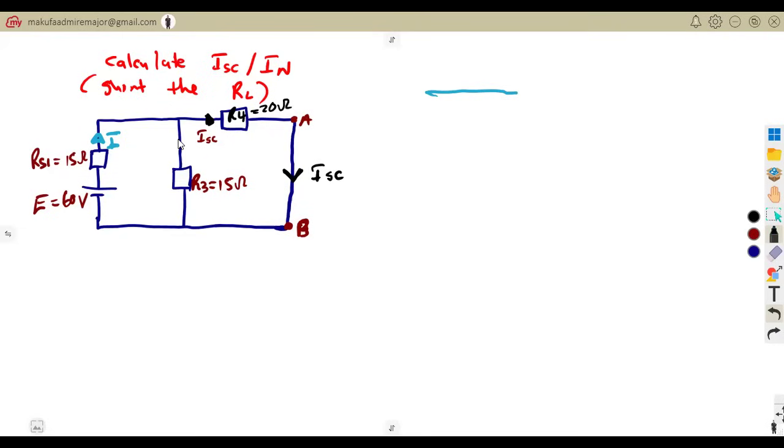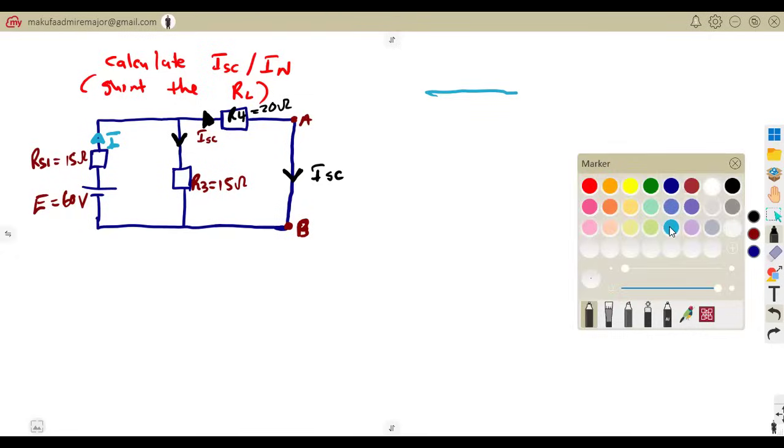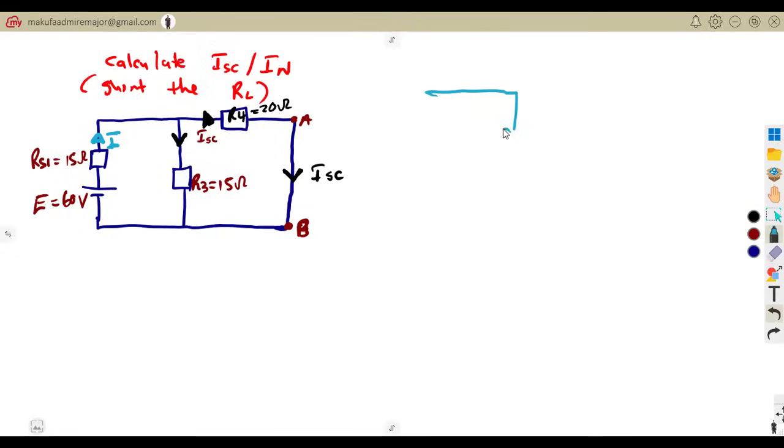Another part of it is taken by R3. Another part of current is taken by R4, which is our short circuit current. So meaning to say the current divider rule plays a role there. Make sure that you also go through industrial electronics. I talked about the current divider rule as a subtopic on its own. It can help you to understand whatever I'm trying to explain here. With your current divider rule, this is the current flow.